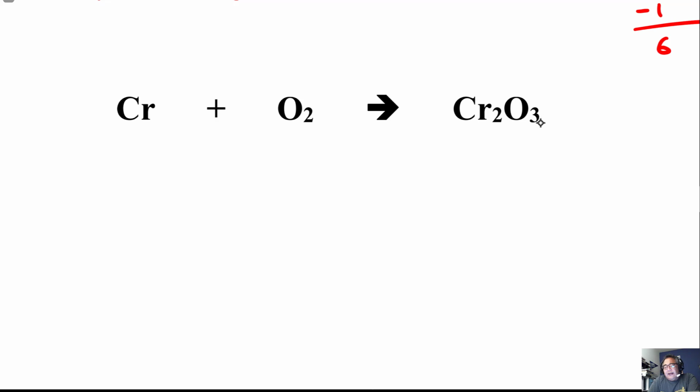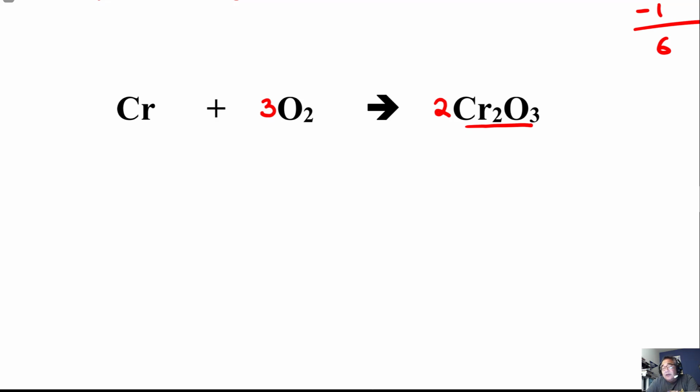2 and 3 have common factors of 6, right? So I can use a 3 here and a 2 here. What that'll do is give me 6 oxygens and 6 oxygens. This is the most complicated thing, but because the oxygens don't balance, I just cross multiply.